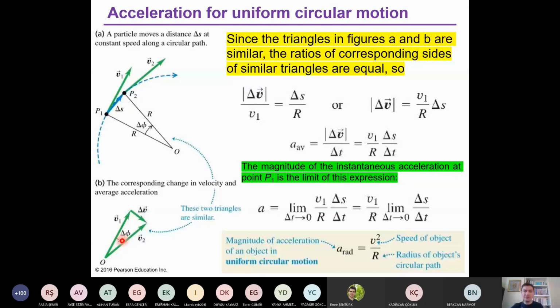So look at these two triangles, delta phi, V1, R, delta V, delta S, okay?